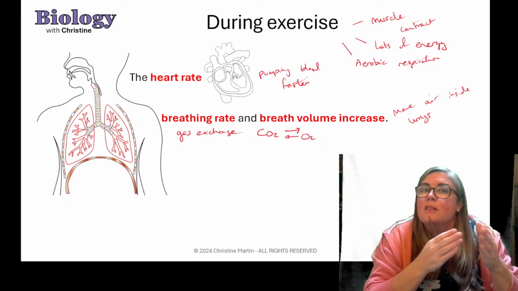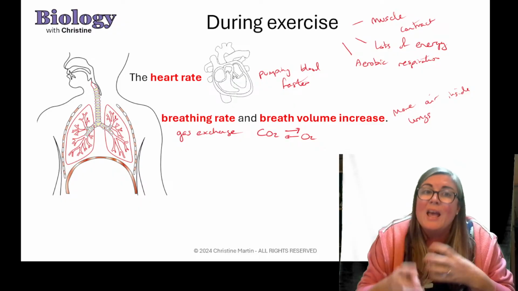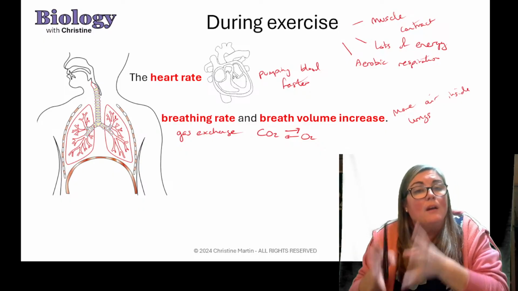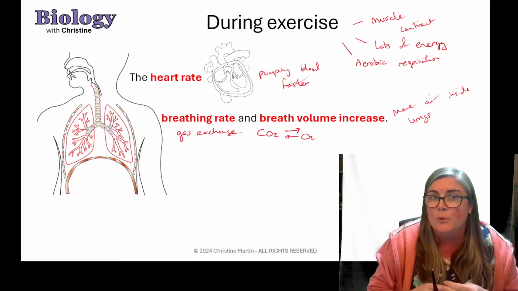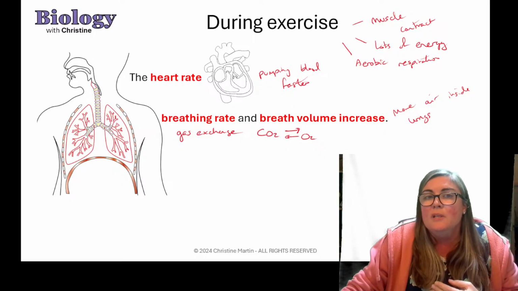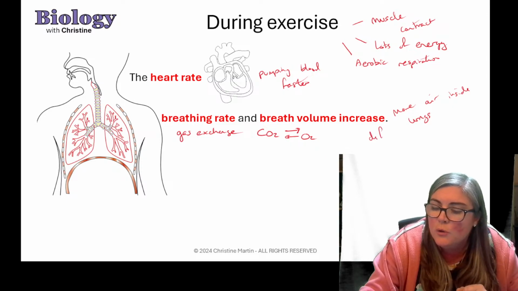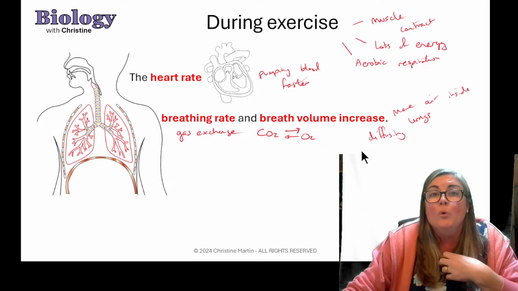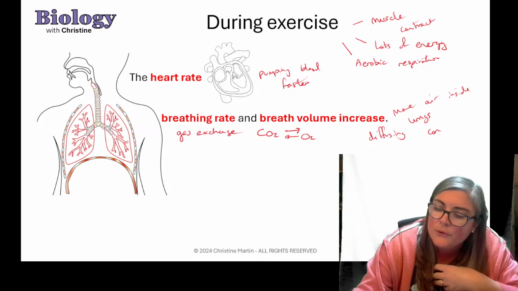Respiration is glucose plus oxygen, that reaction occurring within the mitochondria, that results in carbon dioxide and water being produced as waste products. So I need to understand that these gases are going to be diffusing. And if I've got more air inside my lungs, I am therefore affecting the concentration gradient.